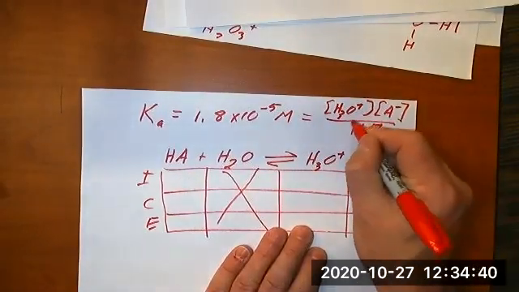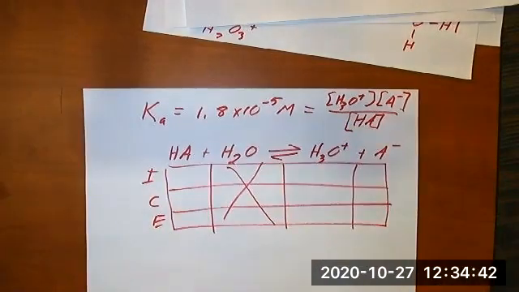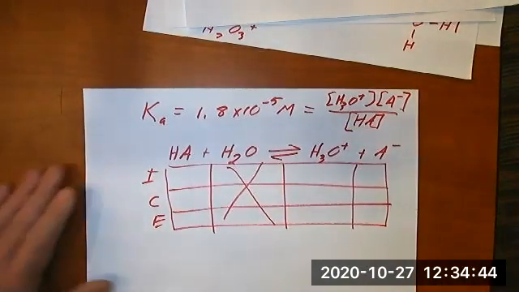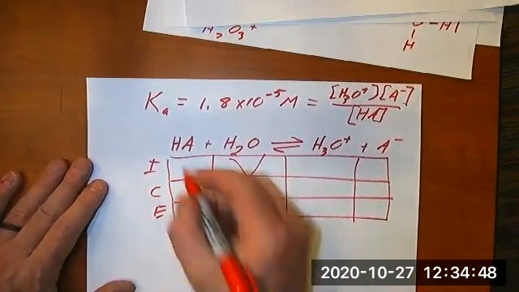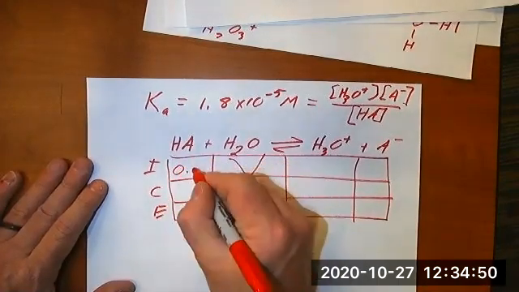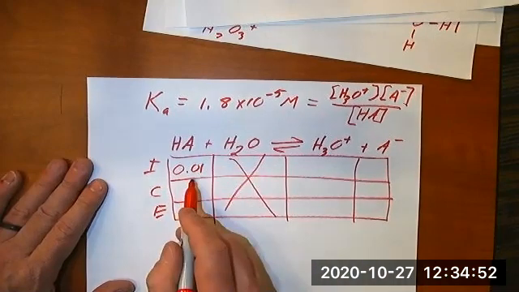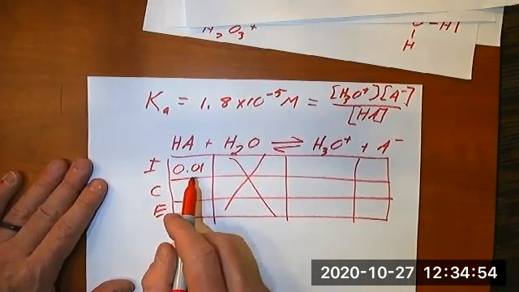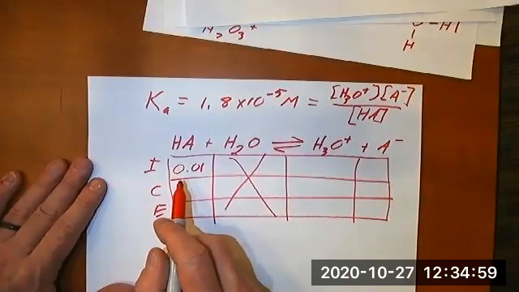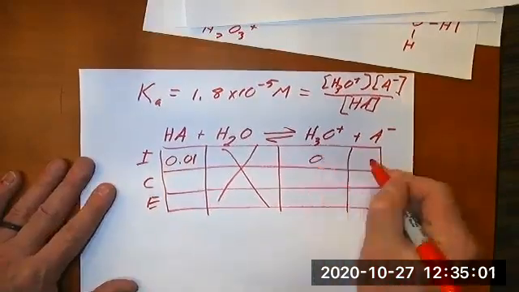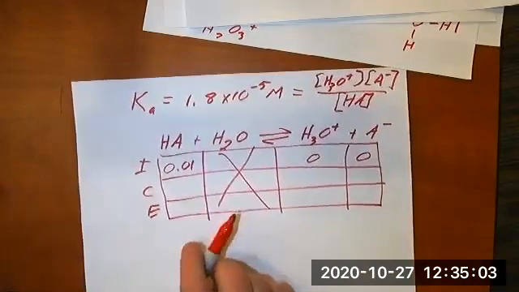Okay. Now let's suppose that we make our solution of acetic acid, our vinegar solution, where we have 0.01 molar acetic acid, and we want to know what our pH is going to be at the end of it. So we set up our ice table.